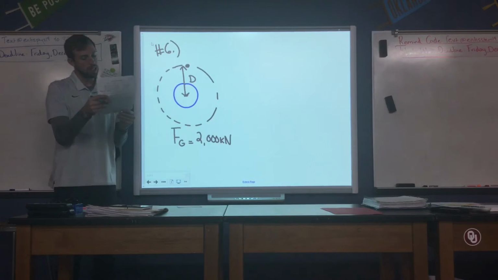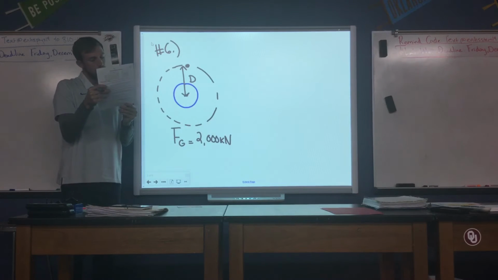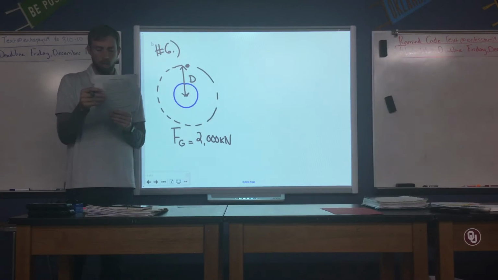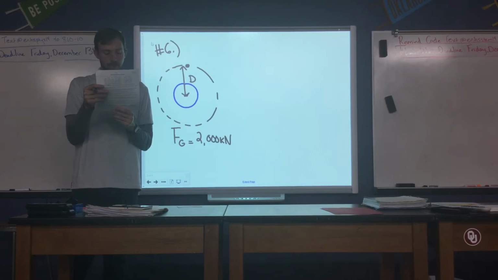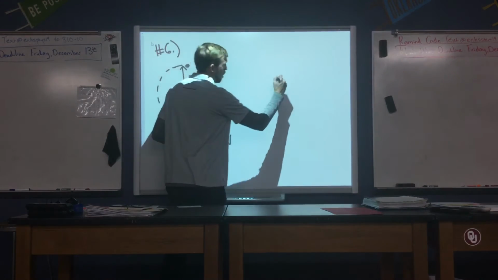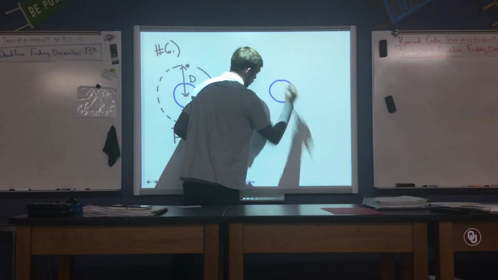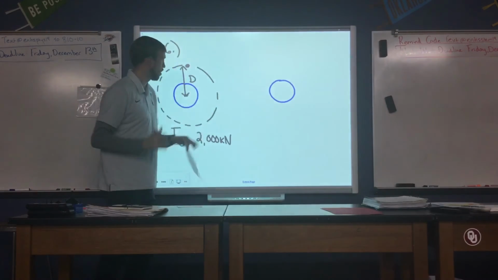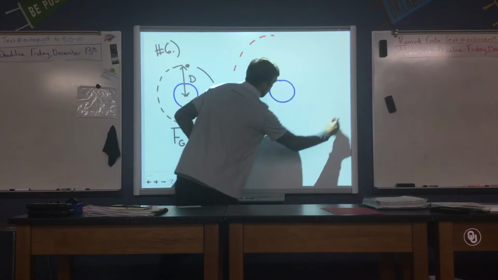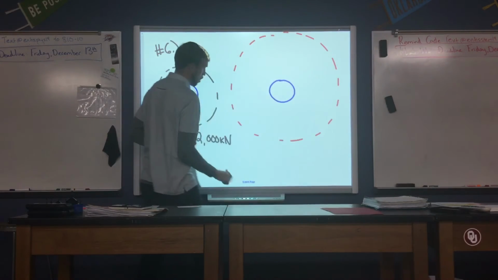And then that's really all we're told about satellite A. Now to continue reading, it says this: Satellite B, with the same mass as A, orbits the Earth at a distance of 4d. What would be the gravitational force from the Earth on satellite B? So now we've got the Earth, and again, this will not perfectly be drawn to scale, but let's say we're now a greater distance away from the Earth.